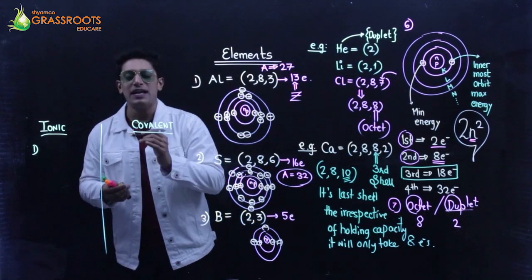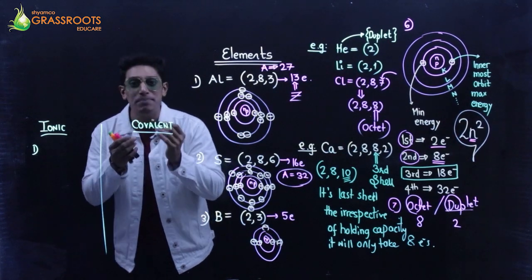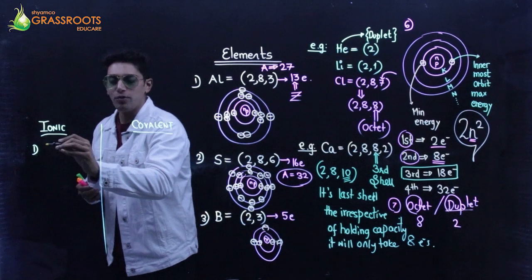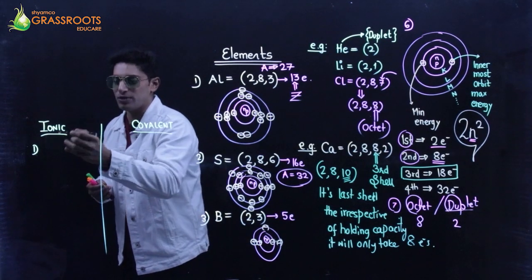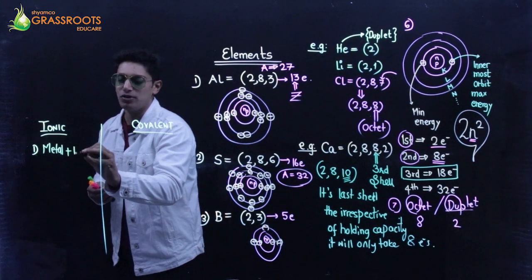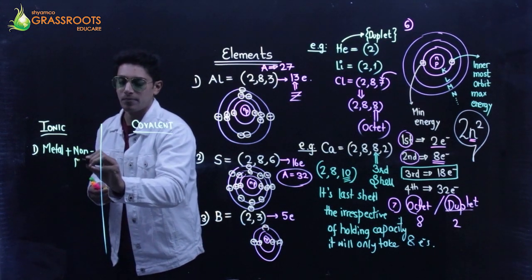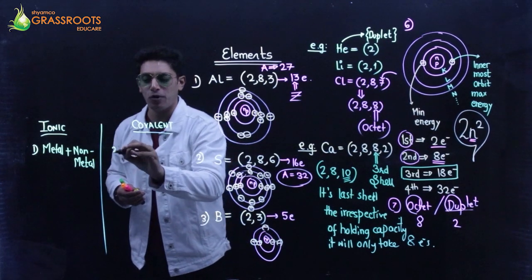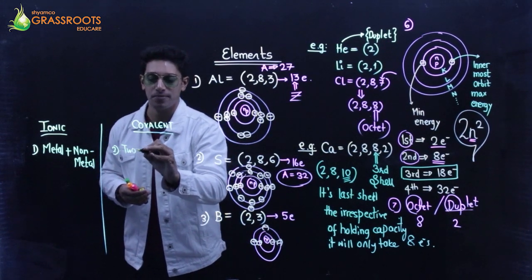Ionic bond is formed between a metal and a non-metal, when a metal reacts with a non-metal. Covalent bond is usually formed between two non-metals.